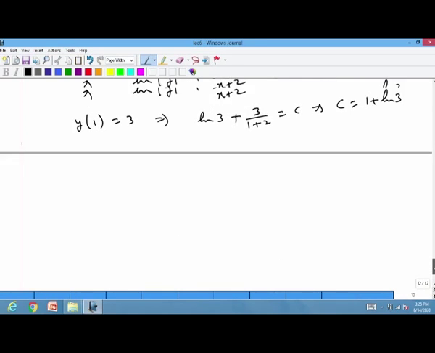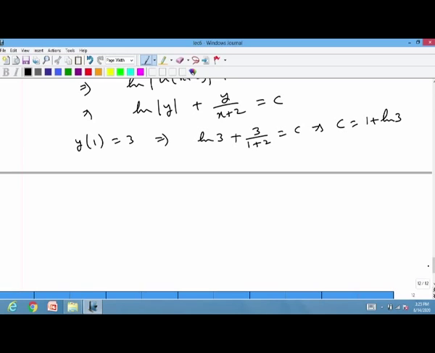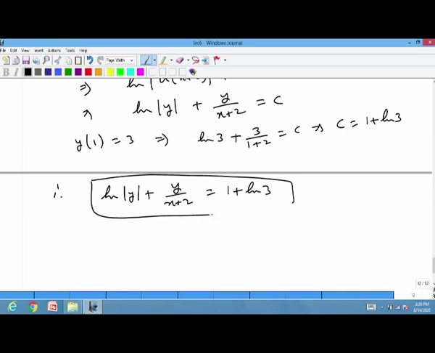So, the solution curve is given by log|y| + y/(x+2) = 1 + log 3. So, this is the equation of the solution curve.